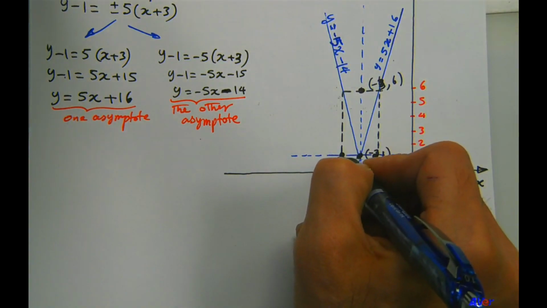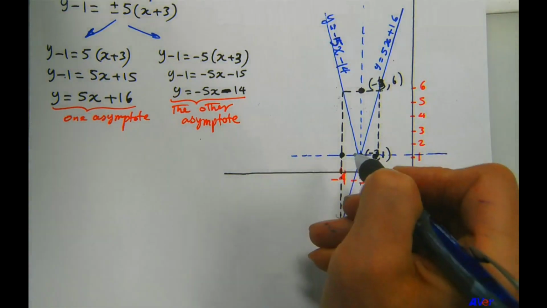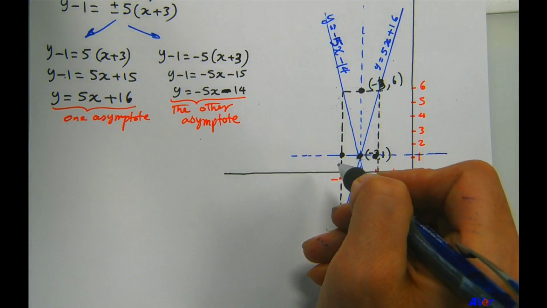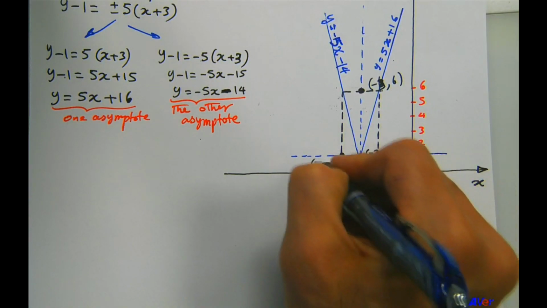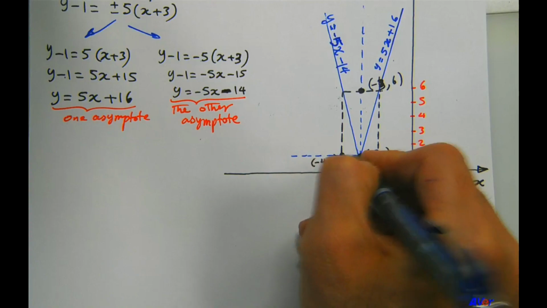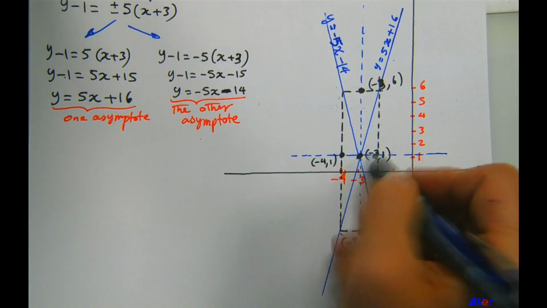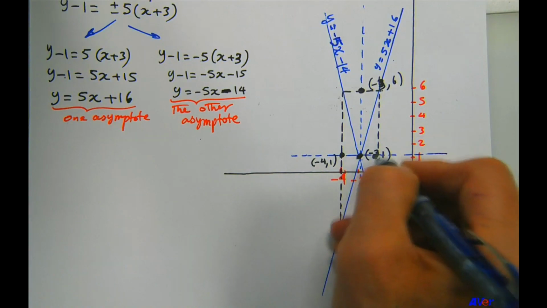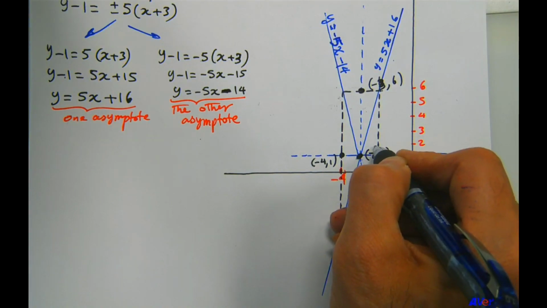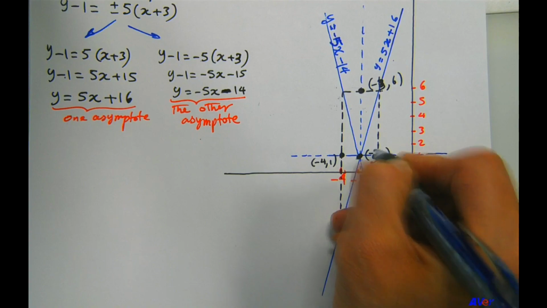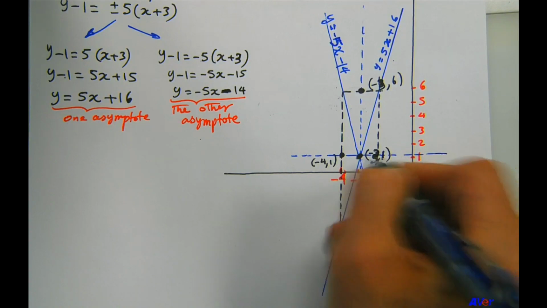That point is at negative 4 comma 1. And the center, of course, is at negative 3 comma 1, but it's been covered right there.